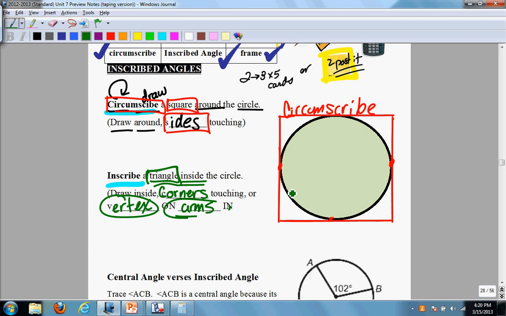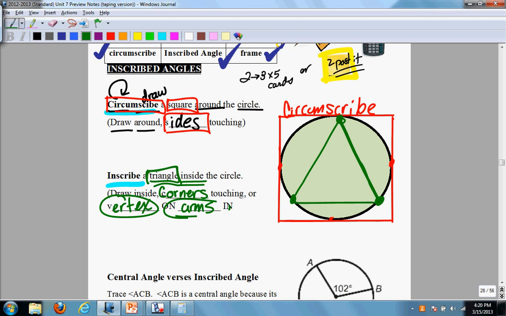So let me tell you what it's not. Don't draw this right now. Just watch. That purple triangle is not inscribed. It's simply drawn inside. Inscribe means specifically the corners must touch. The corners must touch the inside of the circle, and then the portions of the triangle are inside. So inscribe means to take it right to the edge, but still inside.